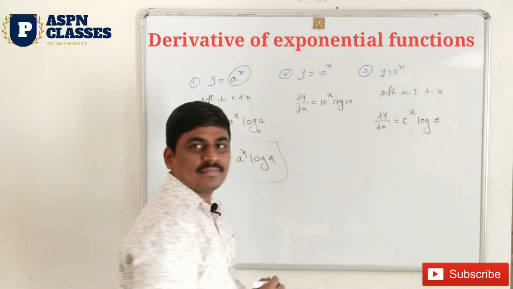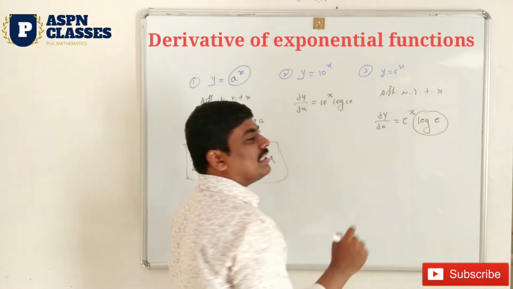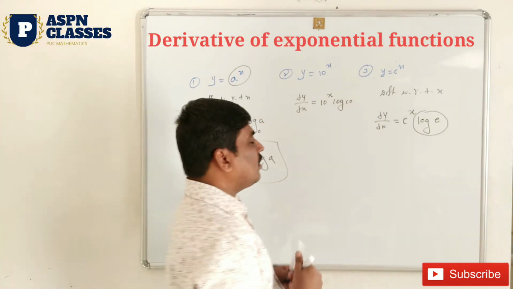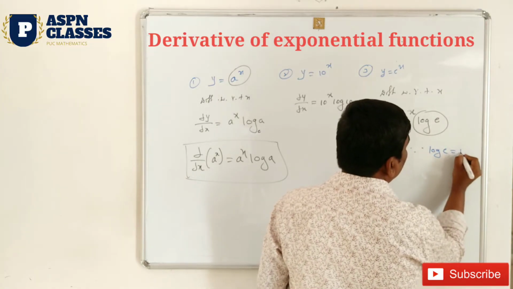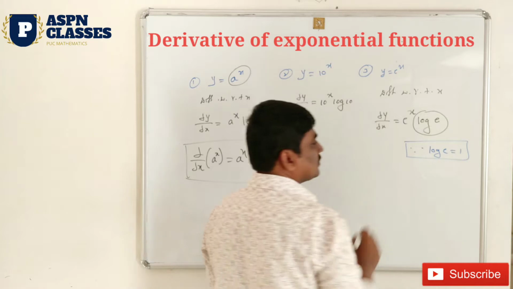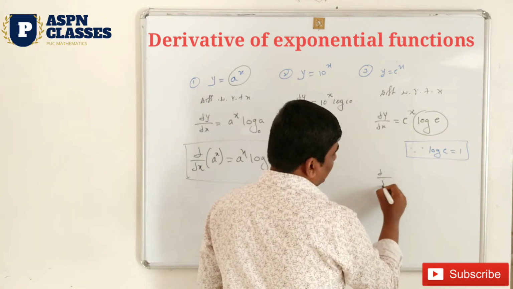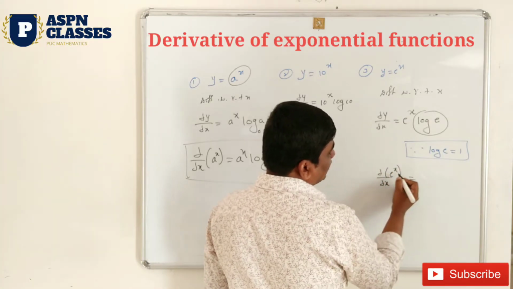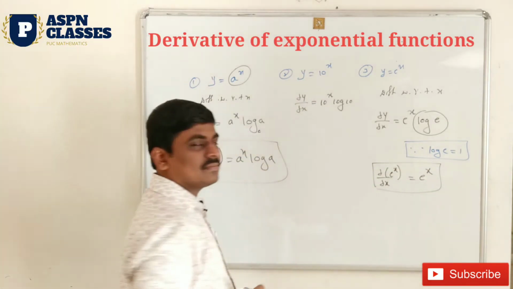And always you have to remember the log of e value is 1. So then what is remaining finally? dy by dx, what is the answer? E raised to x, no? So d by dx of e raised to x is e raised to x is the result.